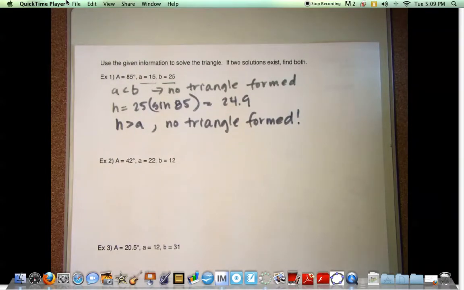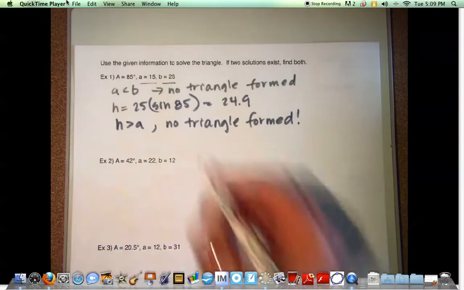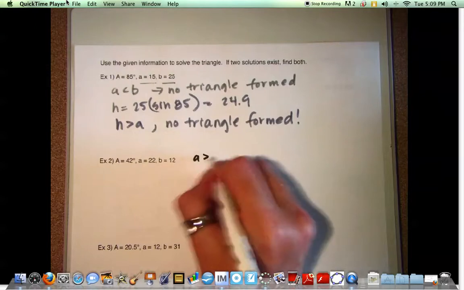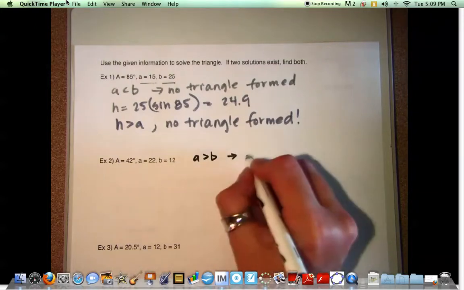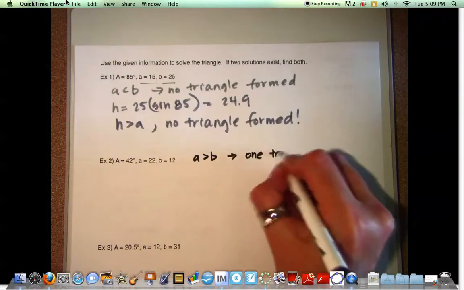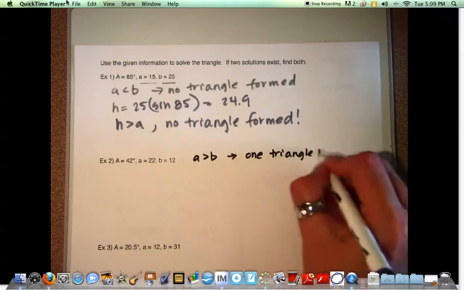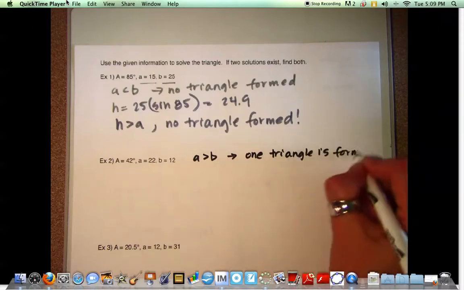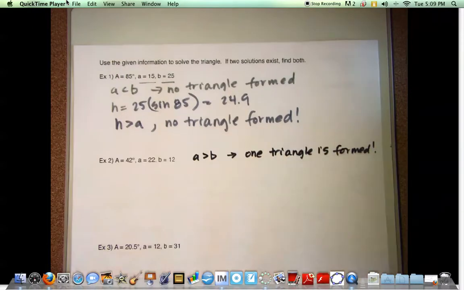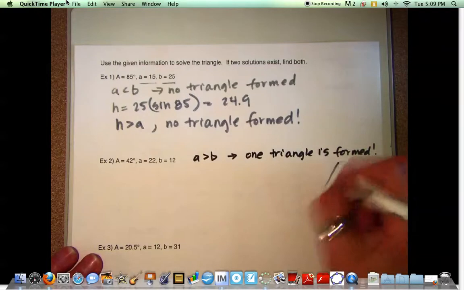Example 2. We have A equals 42 degrees, a equals 22, b equals 12. a is greater than b, so we have that one triangle is formed. If you want to draw yourselves a picture, you can.